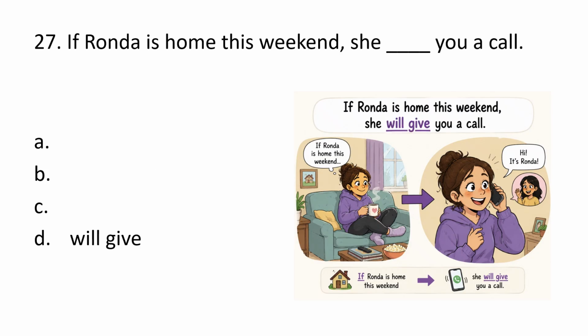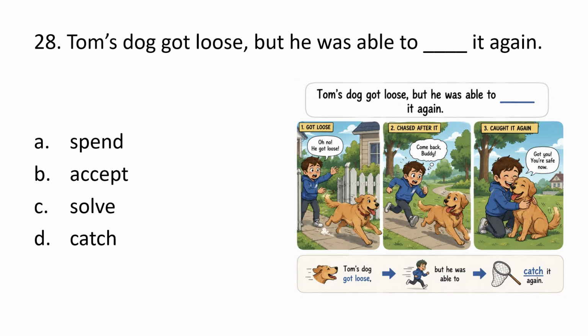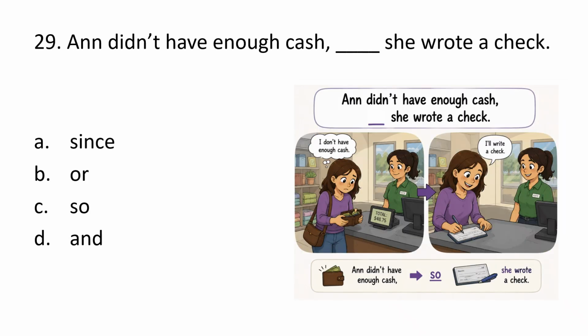If Rhonda is home this weekend, she will give you a call. Tom's dog got loose, but he was able to catch it again. Anne didn't have enough cash, so she wrote a check.